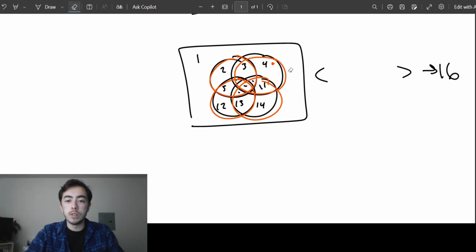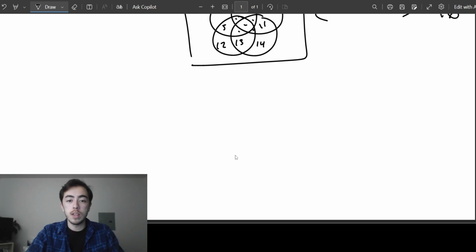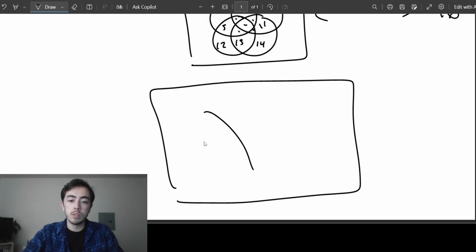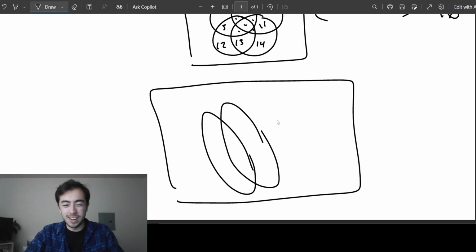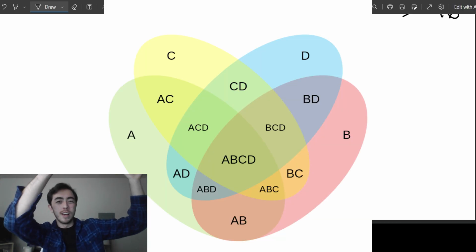So this quadruple Venn diagram must be drawn a different way, because we only have 14 different spots instead of the expected 16. So instead, I believe to draw this one, you're supposed to do these ovals that intersect slightly together here. And then I forget exactly how to do it. How about I just put an image right here, or I guess it'll be right here because it's mirrored.